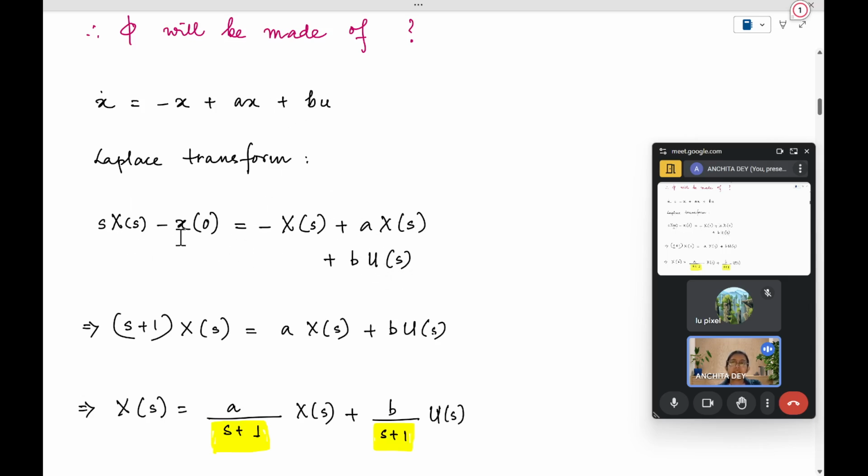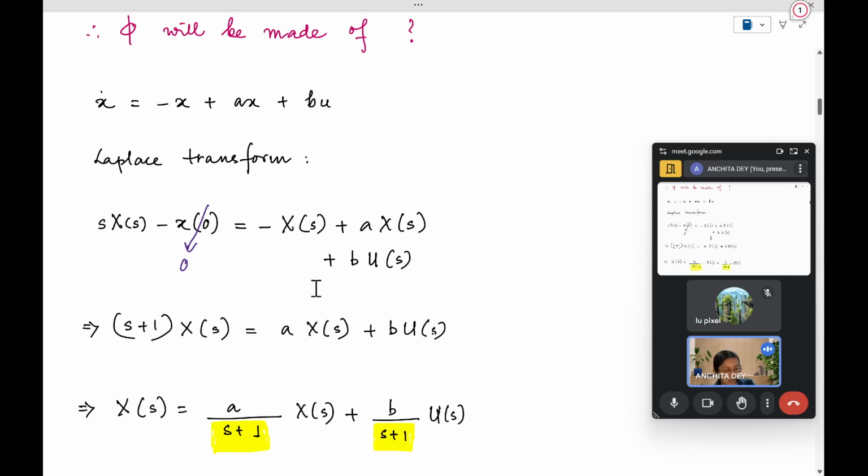These signals with bracket s are in the s domain. If we take this common, we have s plus 1 into x of s, and this term x at 0 is actually turning out to be 0, because it was given to us in the question.